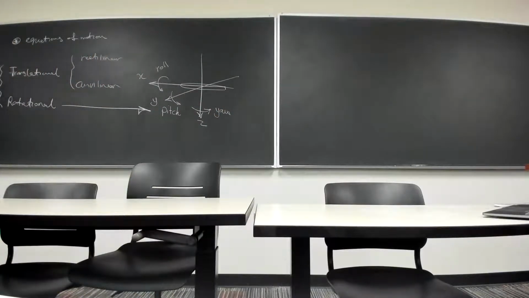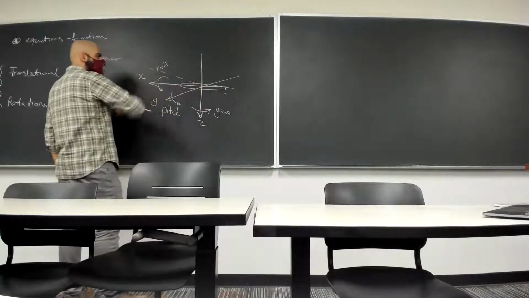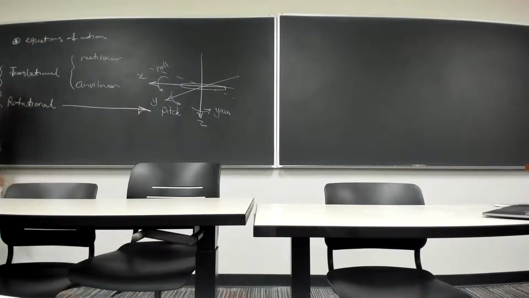So all of these rotations are going to create an angle, right? When you pitch up or pitch down, your new position is going to be at a different angle. The same is true for roll and yaw, and we talked about pitch already.